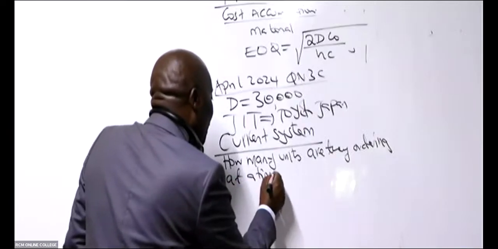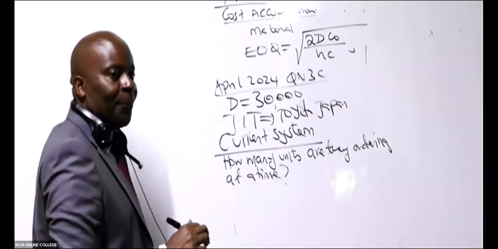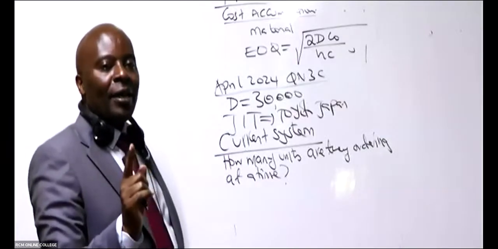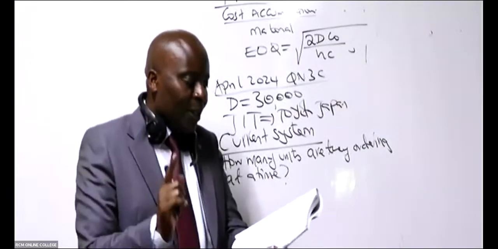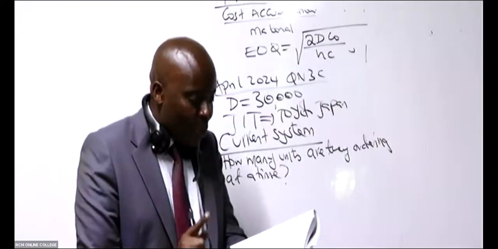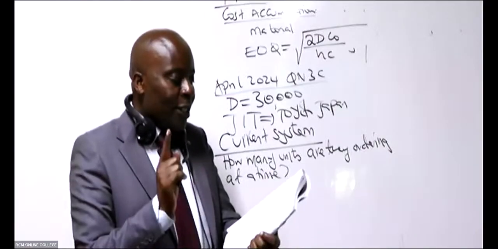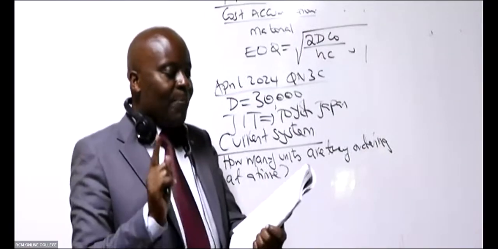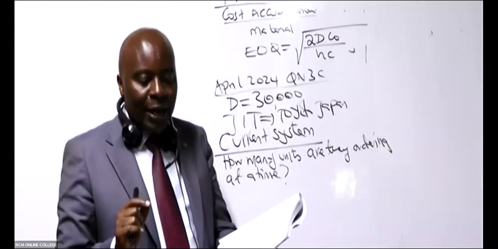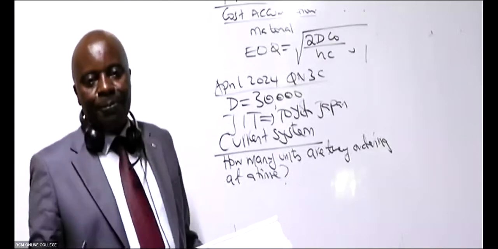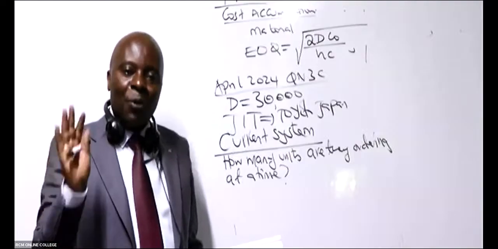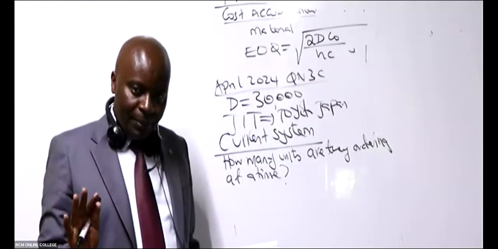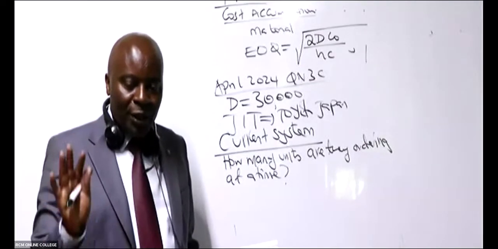This is really important for us. For example, for the proposed system, if you read note number 3, they have told us that every time they order, they place an order over how many units at a time? 4,000. That is the proposed system. That's what they have told us for the proposed system.